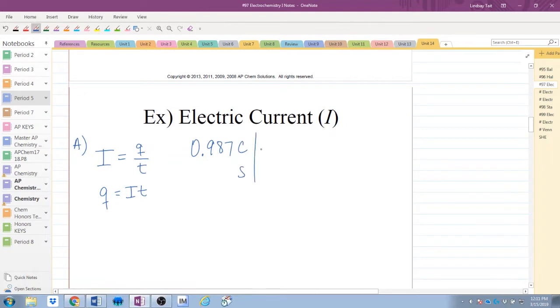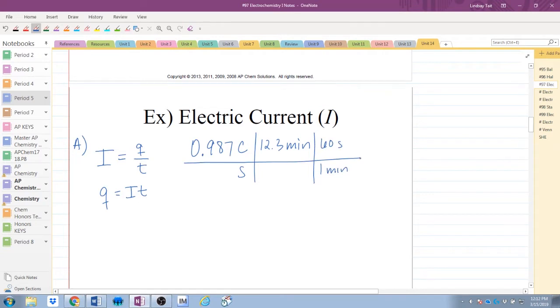And so now when I multiply by my time, 12.3 minutes, what am I going to recognize about this calculation? I have a discrepancy with my time units. Which unit should I have it in? It should be in seconds, but really they're both going to cancel out because our answer is going to be coulombs. So you're just doing a minute-second conversion where 1 minute is 60 seconds.